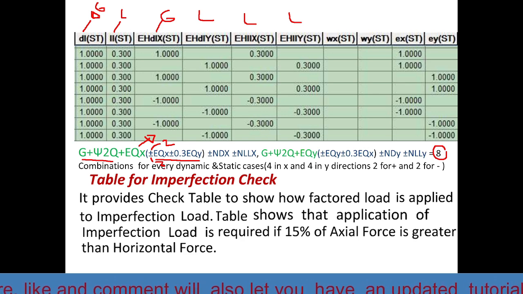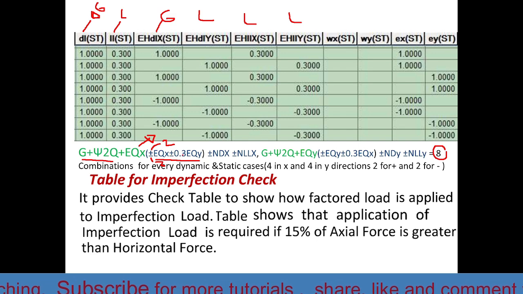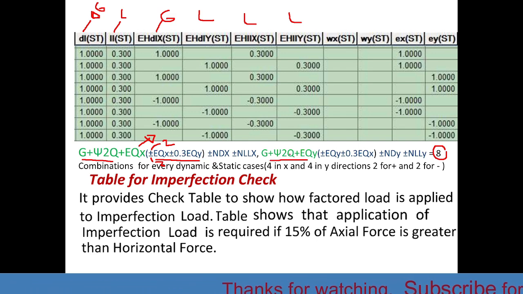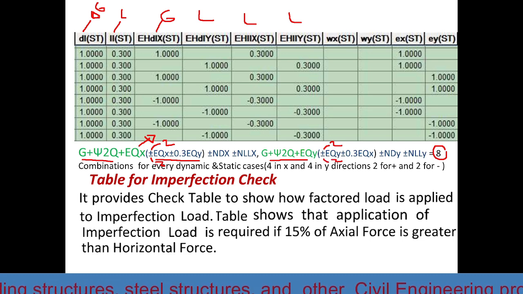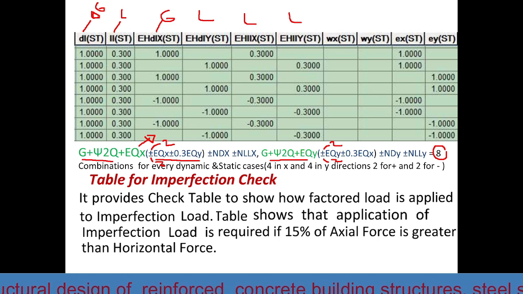Here in this case we'll have 4 combinations, and also in y direction, the plus sign will have 2 combinations and the minus sign will have 2 combinations. Generally here we'll have 4 combinations and here we'll have 4 combinations. So generally we'll have 8 combinations.